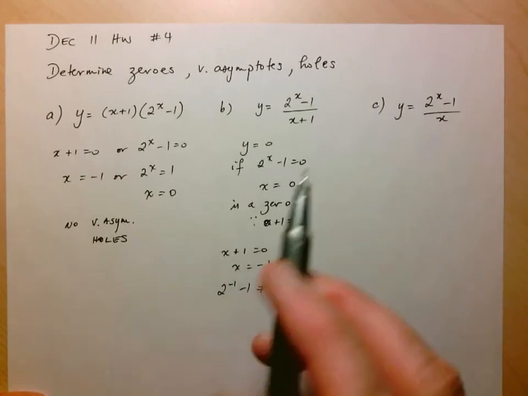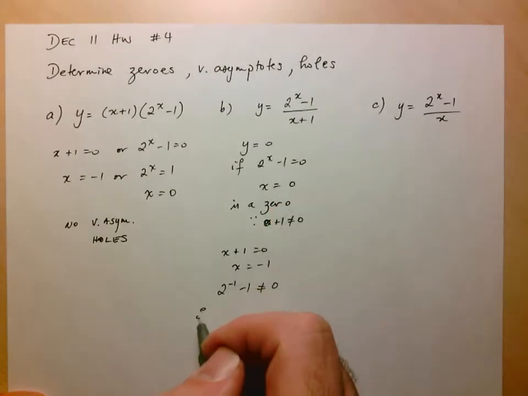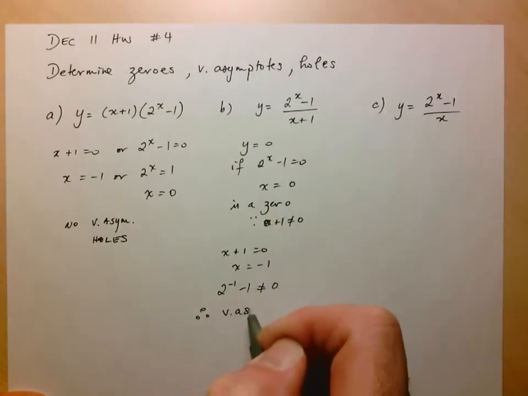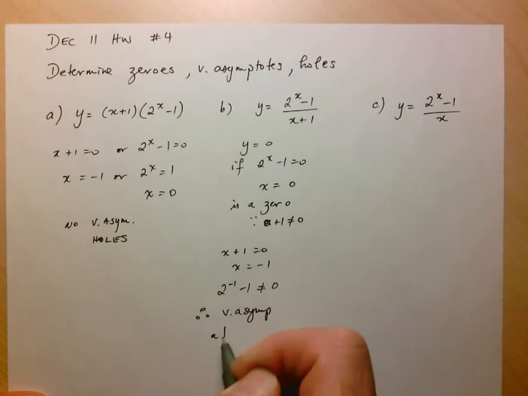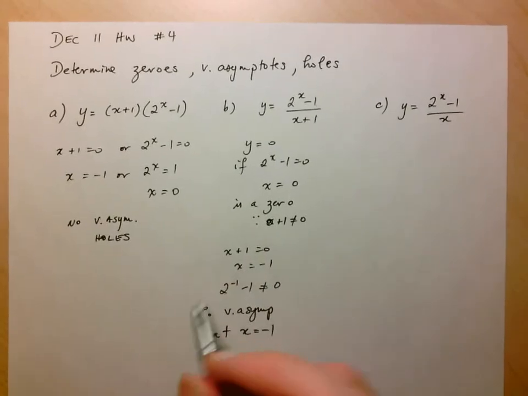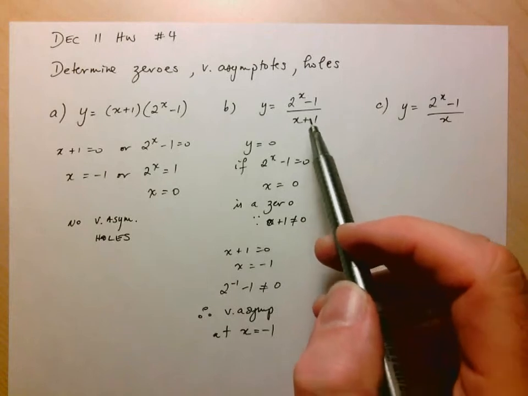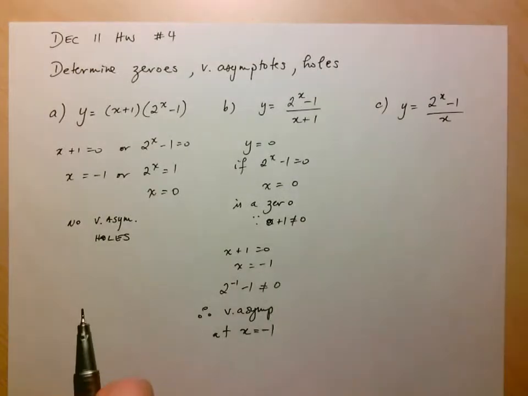So what does that tell me? When the denominator is 0 and the numerator isn't, I know I have a vertical asymptote at x equals -1. One of the properties we discovered is that as long as the numerator is not equal to 0, if the denominator is, we automatically have a vertical asymptote at that x value.